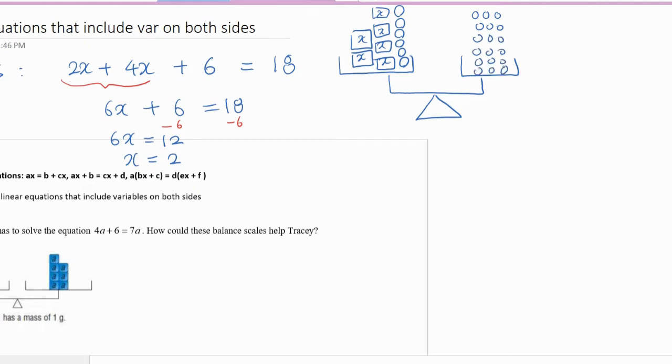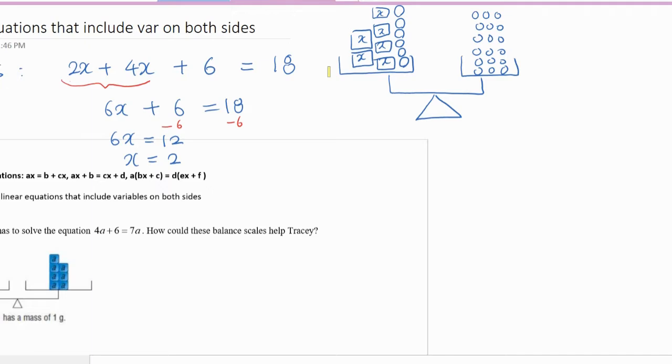integer chips. Okay, so 2x and 4x, they are on the same side. So therefore, we have to add those up. So 2x and 4x, that is a total of 6x. Is that right? Because it's on the same plate, on the same side.